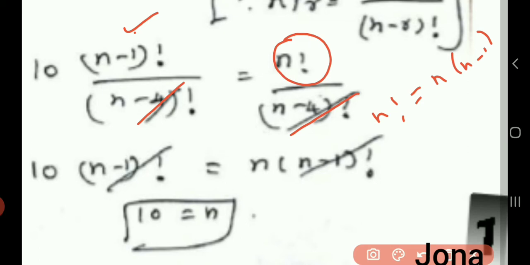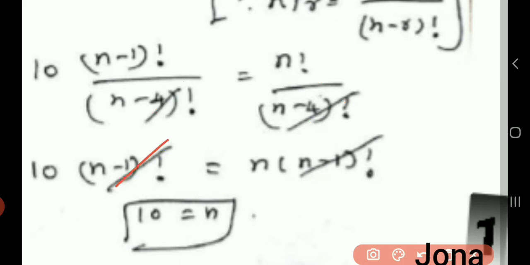So n factorial can be written as n into (n minus 1) factorial. Here also we can cancel the (n minus 1) factorial on both sides. Therefore 10 equal to n.